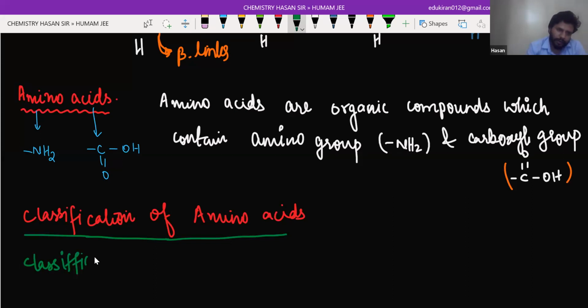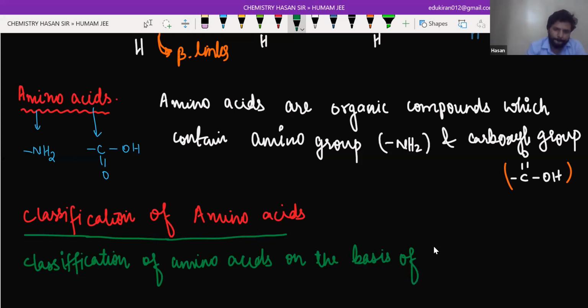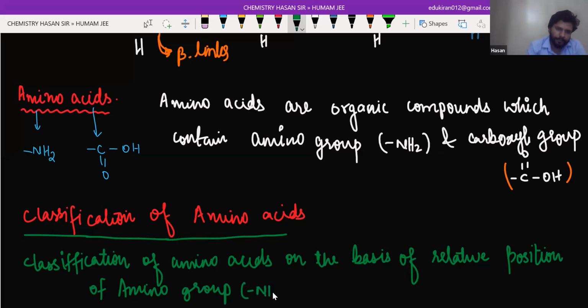So you can write: classification of amino acids on the basis of the relative position of amino group NH2 and carboxyl group.